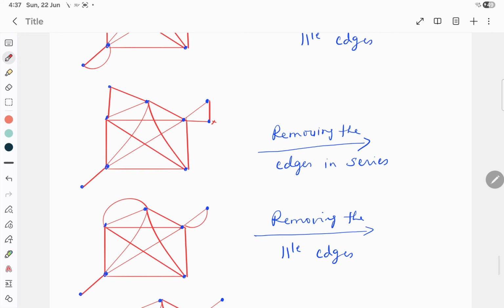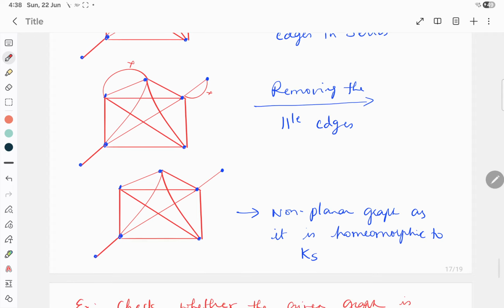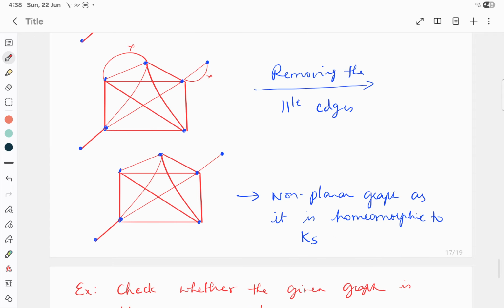So we get this. Now it has converted to parallel edges. Again you remove the parallel edges. So you remove these edges. We get this. Now you can see that this graph is homeomorphic to K5. You have a subgraph here which is homeomorphic to K5, right? So this implies that this graph is non-planar.